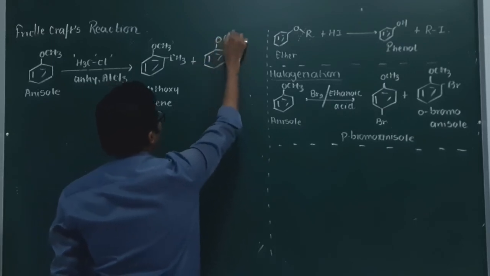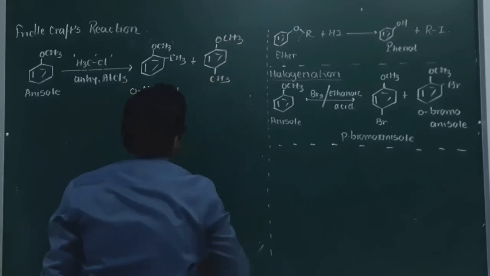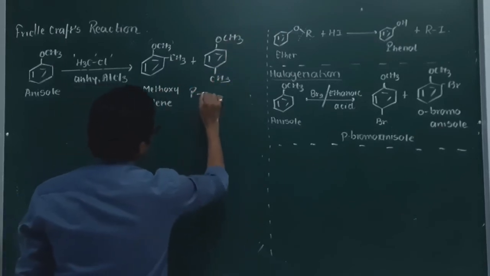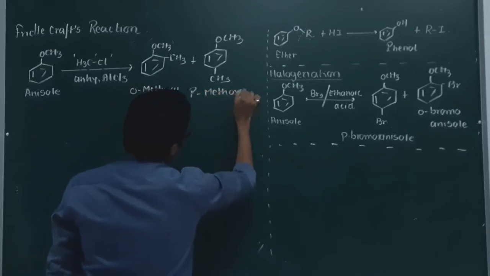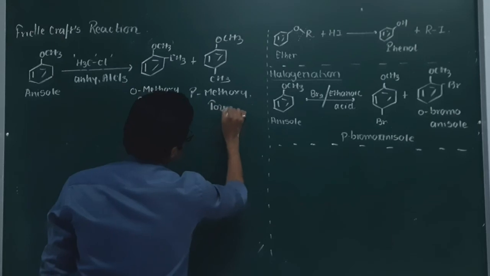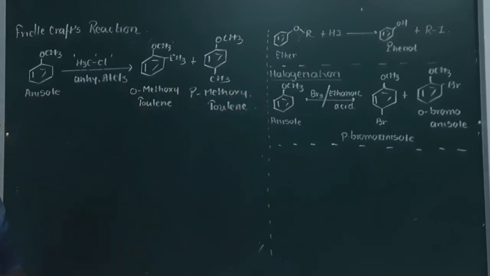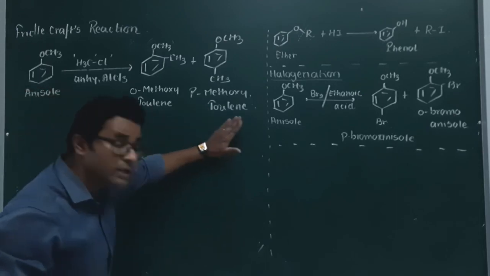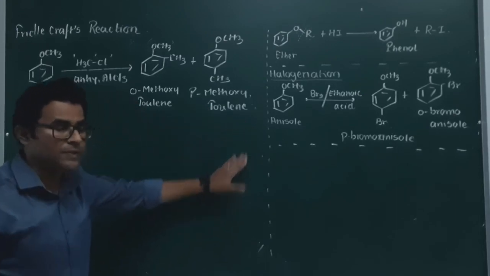While the other one, what we have is OCH3, and this is where the other CH3 comes. So this one is going to become para methoxy toluene. Right. So we have these two products, and this particular reaction we consider as alkylation, Friedel-Crafts alkylation.